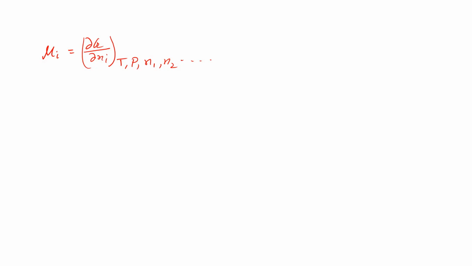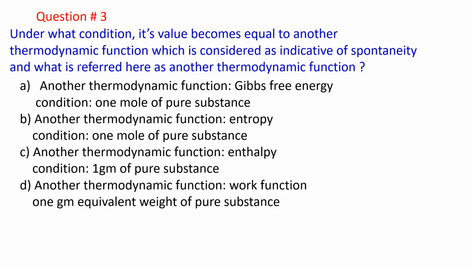Now let's move to the third question. Question number 3. Under what condition its value becomes equal to another thermodynamic function which is considered as indicative of spontaneity, and what is referred here as another thermodynamic function? The options are: option A, another thermodynamic function is Gibbs free energy and the condition is 1 mole of pure substance.